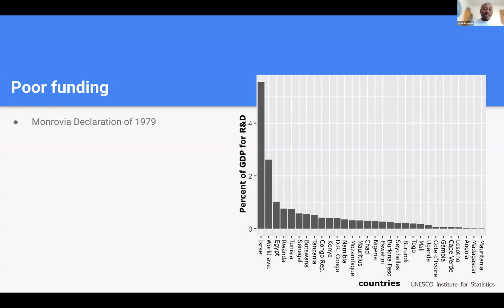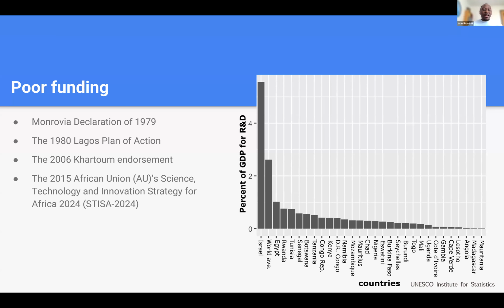Since the 1979 Monrovia Declaration, the 1980 Lagos Plan of Action, the 2006 Khartoum Endorsement, and the more recent 2015 African Union Science, Technology and Innovation Strategy for Africa by 2024, there have been a lot of promises made by African leaders to allocate at least 1% of their GDP to research and development.